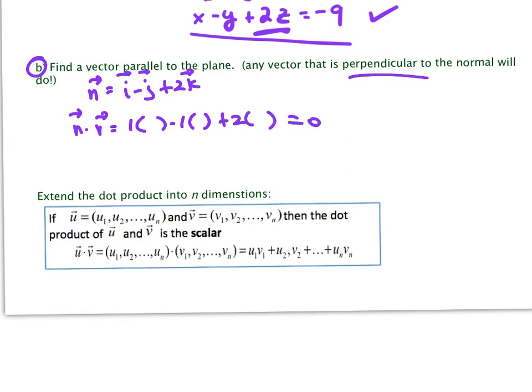So pick some numbers. Well, I can plug in 5, and those will cancel each other out, so then I just get 0. So I can do v is equal to 5i plus 5j plus 0k. That would give me one vector that would be parallel to the plane that we have there.